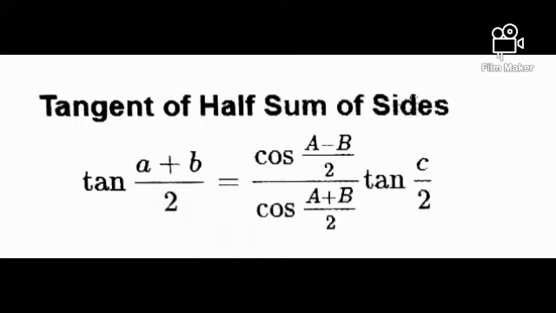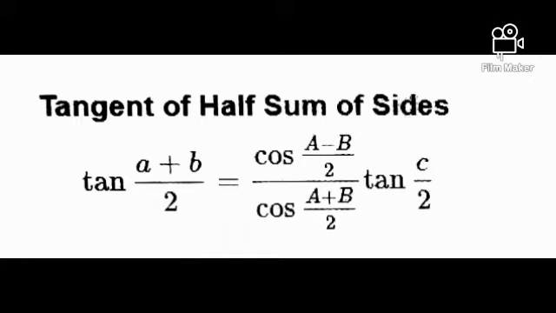Hence, the tangent of half the sum of two sides by Napier's analogy is given by this equation. The tangent of half the sum of two sides is equal to the ratio of the cosine of half the difference of the angles opposite the two sides, and the cosine of half the sum of the two angles opposite the two sides, multiplied by the tangent of half the third side.